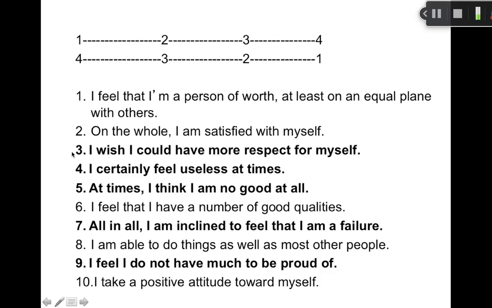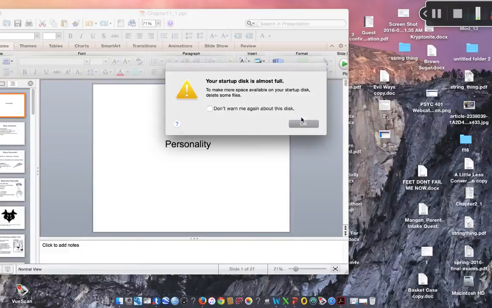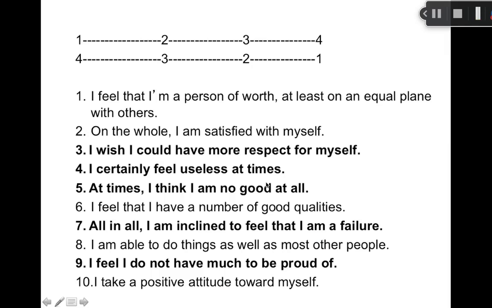So if you put initially a 1 for item 3, get rid of it and give yourself a 4, and then move on to item 4. I certainly feel useless at times. If you put a 4 for that, get rid of it and give yourself a 1. So do that for items 3, 4, 5, 7, and 9, and then you're going to end up with 10 values. Then you sum across those values, and that will be your score for the test.